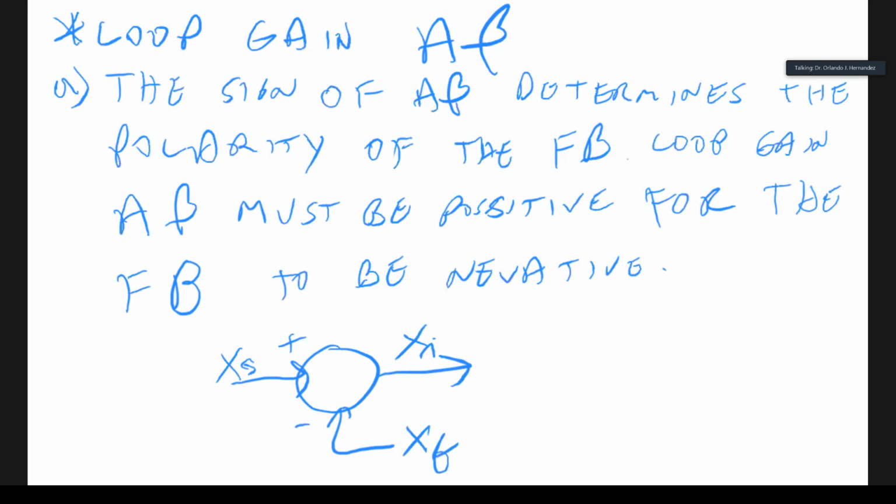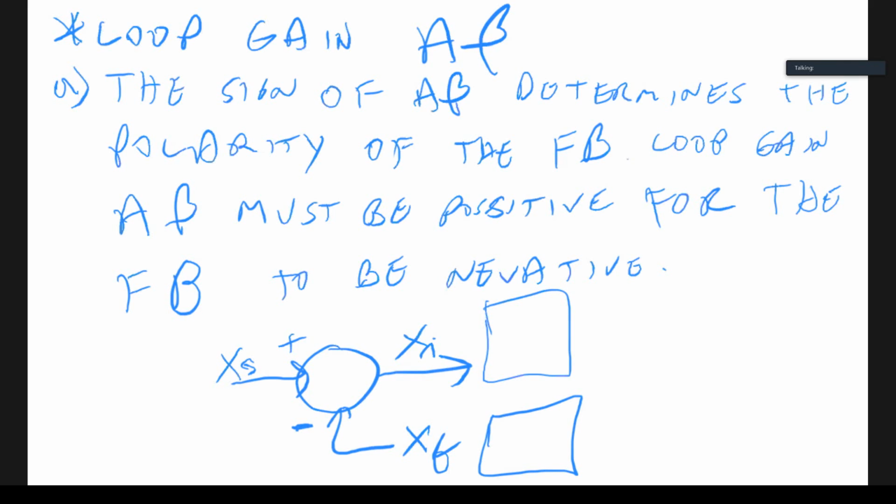You are generating this error as the difference of the input and the feedback. So for the feedback to be negative, the loop gain has to be positive. Question? No question, I'm just talking. Okay, so that's important to keep in mind.